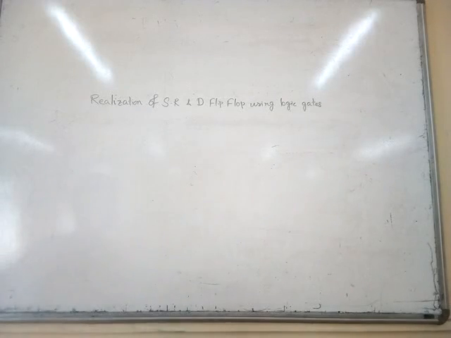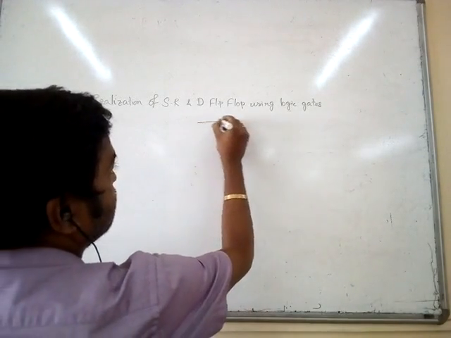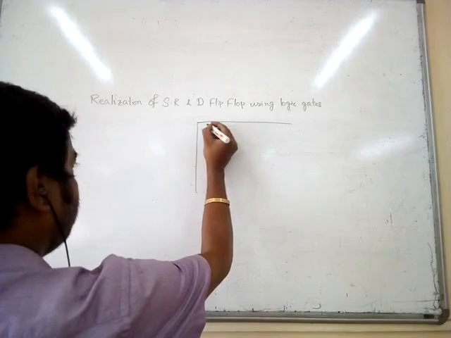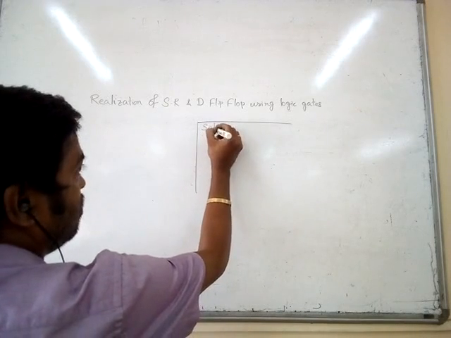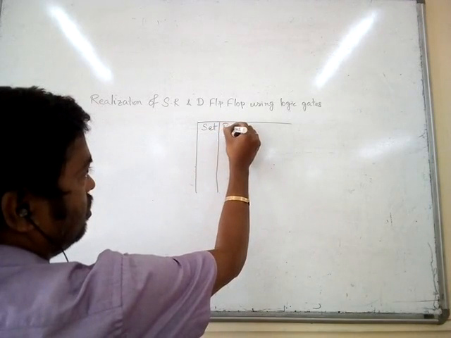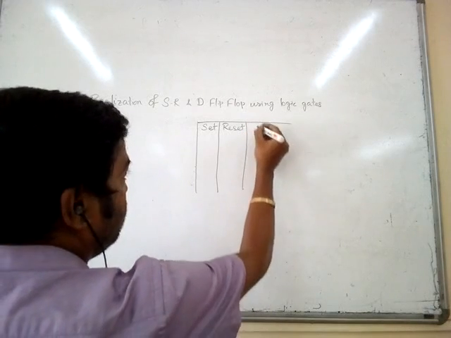Today's experiment name is realization of SR and D flip-flop using logic gates. So first of all, we design the truth table. Set, reset, then present state.